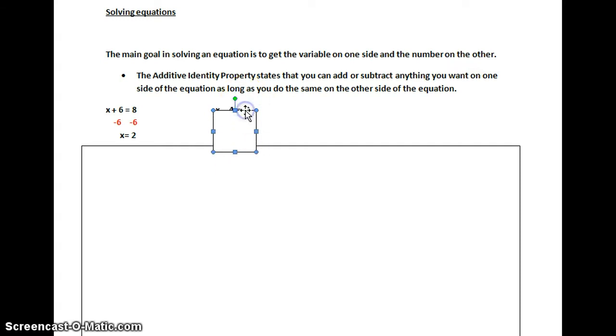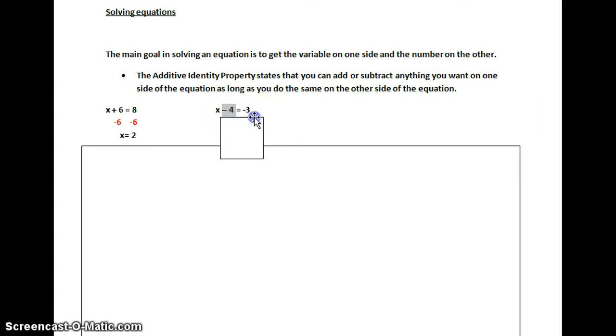Now let's try another one. Okay, let's try x minus 4 equals negative 3. Now in this case, you might not be able to do it in your head real easily, and if not, that's fine. But our goal is to isolate this x, to make it by itself. So we're going to do the opposite of what we have here with the number.